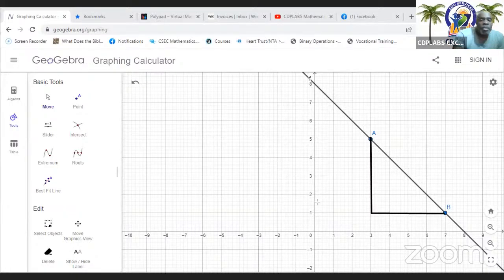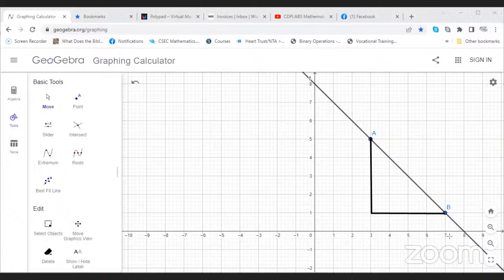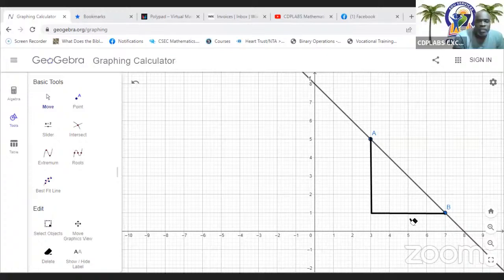So the difference, you can find the length of this line. The difference between 3 and 7 is how much? 4. So the length of this is 4.